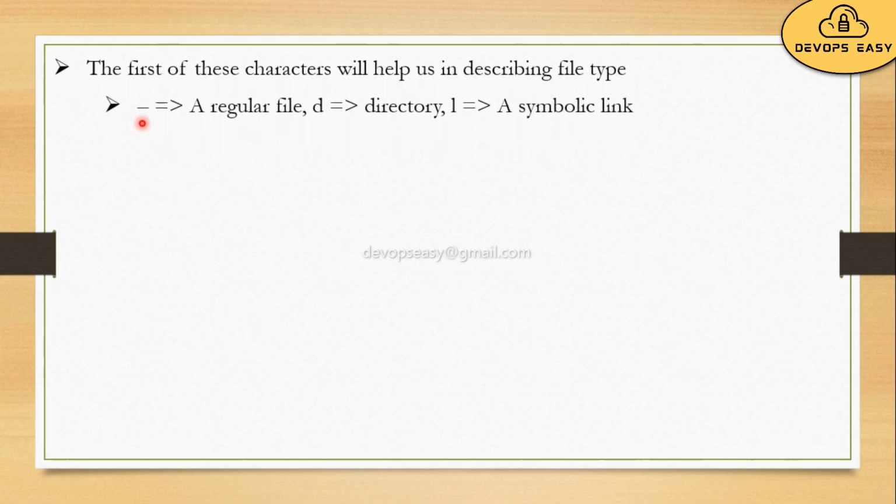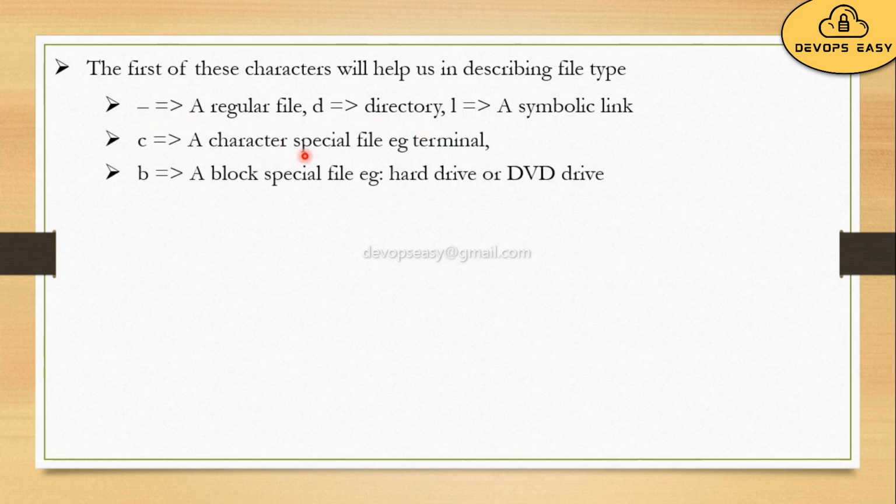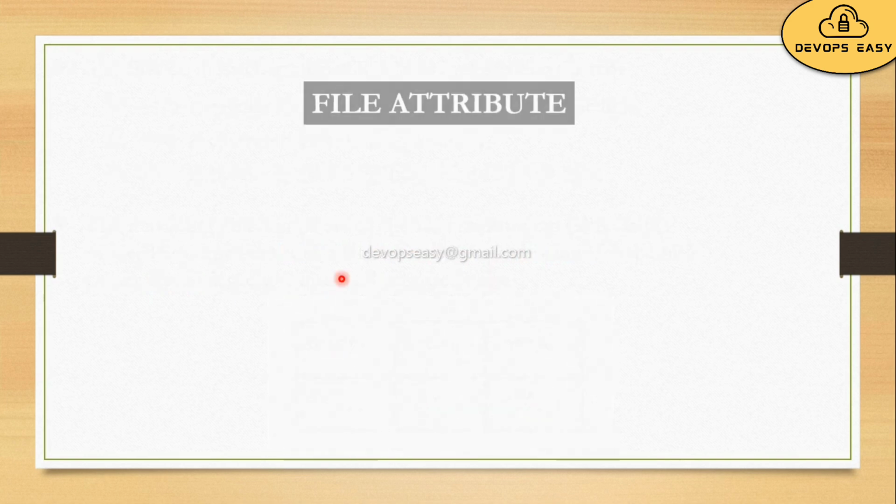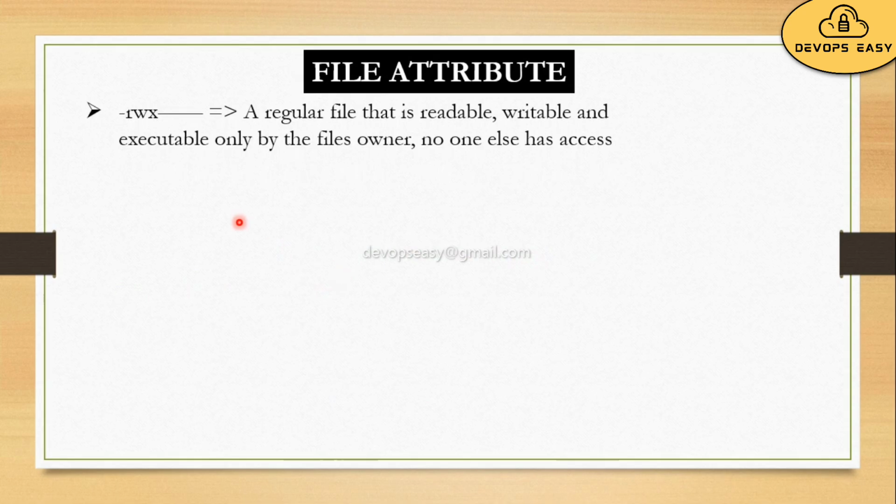If you see a hyphen, it's a regular file. D is a directory. L is a symbolic link. Then character special files, block special files. The remaining 9 characters of the file attributes are called file modes. They represent read, write, and execute permissions. Now for the file attribute, if it is rwx followed by dashes, the user will have read, write, and execute permission.